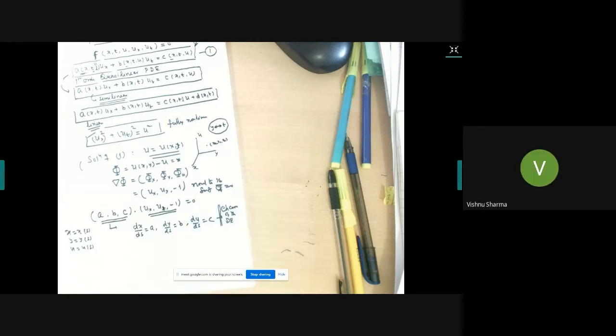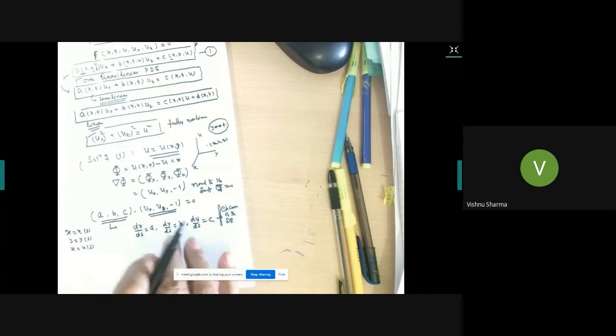So it is very clear that these characteristic curves lie on the surface, because at each point the tangent is in the direction of this vector, and this vector lies in the tangent plane. The locus of all such curves is what we call the characteristic curves of the differential equation.